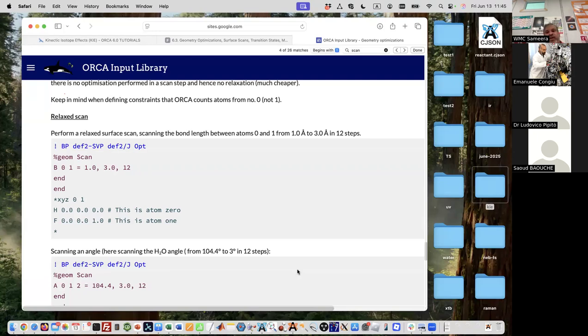Well, that's true, but the optimization means, okay. When you do a relaxed scan, you freeze the bond distance. For example, let's say here the HF. You keep the two atoms at a distance of, let's say, 3 angstrom, and then you freeze this distance.